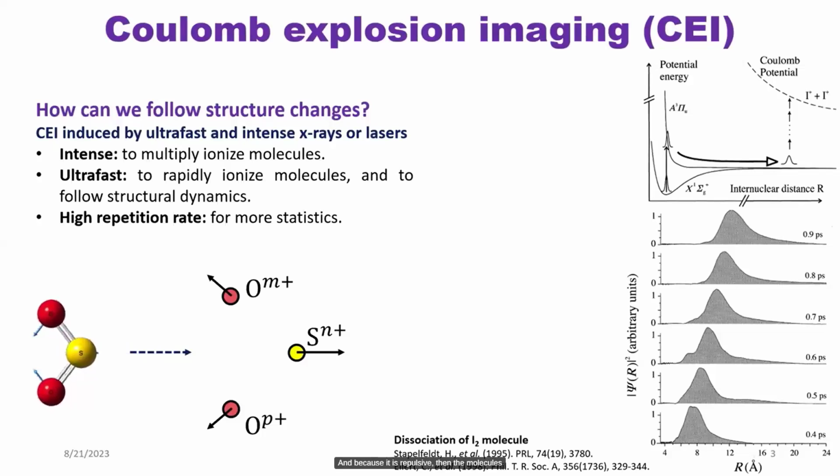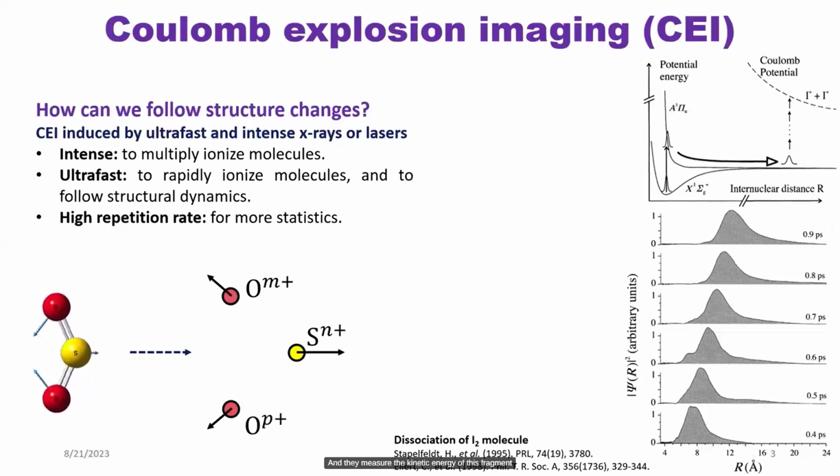Because this state is repulsive, the molecules start to dissociate. Then at a delay time they come with a second pulse, the probe pulse, which ionizes the molecules and dissociates them into two I plus fragments.